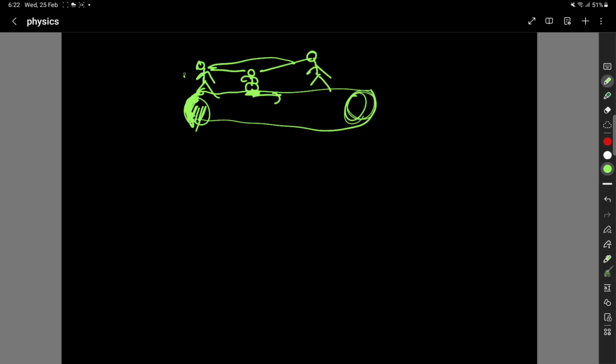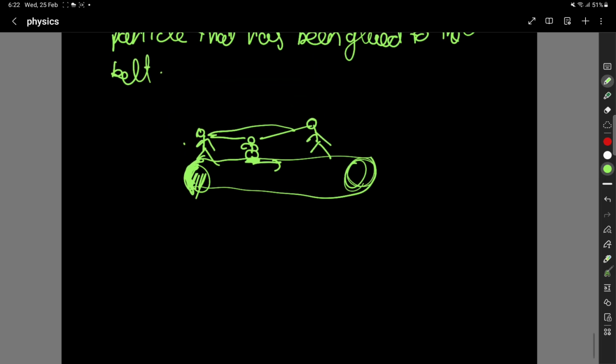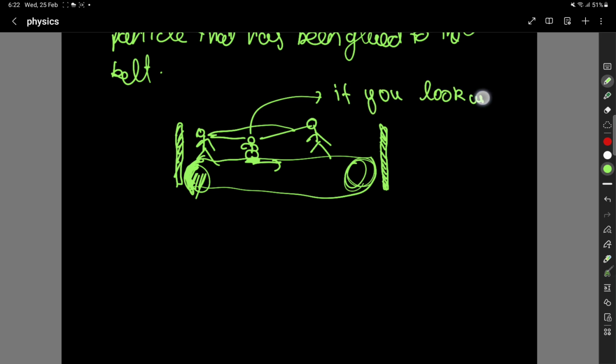Let's say, in order for the boys to know that this is the end, the person who has set this up has kept a rod over here. So if you look with respect to him, the ends will also move.